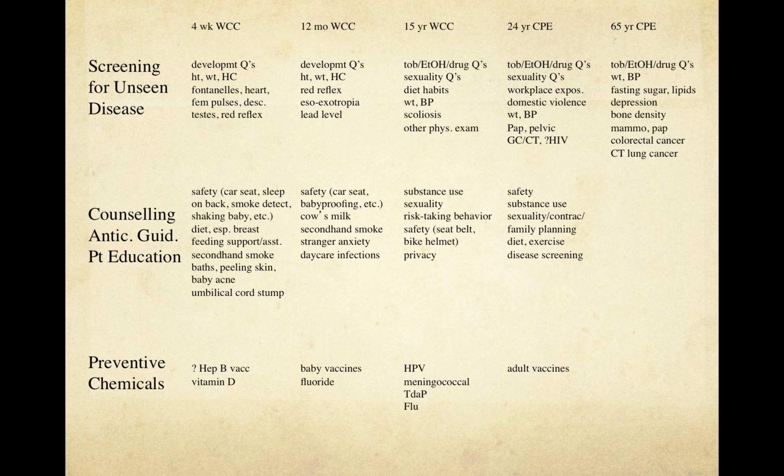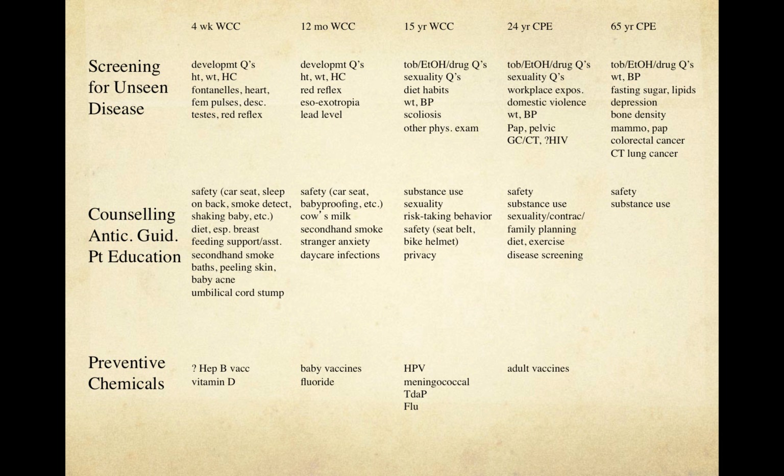And hey, here's a new one. We're doing one of those low-dose CT lung cancer screenings for those who have smoked substantially in their lifetime so that we can find lung cancer early and improve outcomes, right? It's a new item, but it goes in an old box, the screening for disease box. How about counseling?